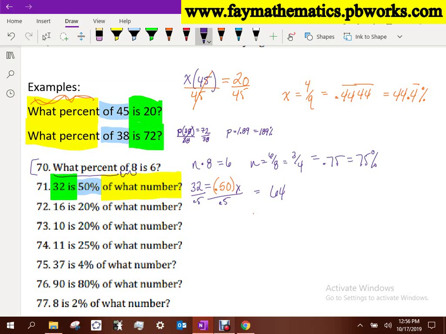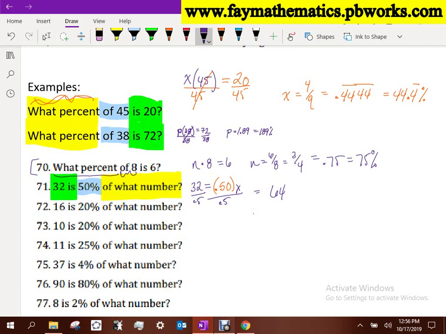Every one of these problems so far that we've done, when you are finished, you have a percent, and you have two numbers that were either presented to you or that you found. Does that make sense? So when I look at that first example up there, we had 45, we had 20, and we had 44.4%, right? So we had two numbers and a percentage.